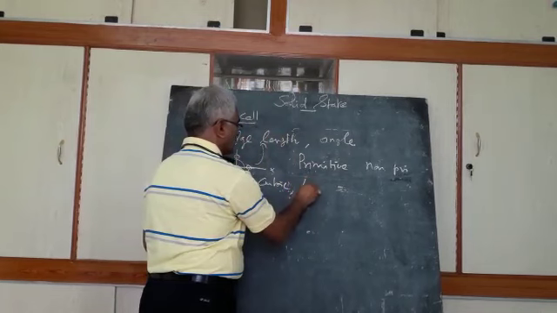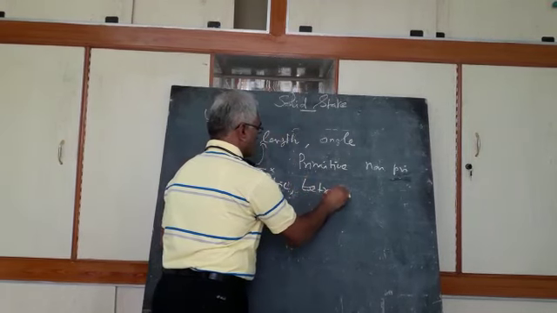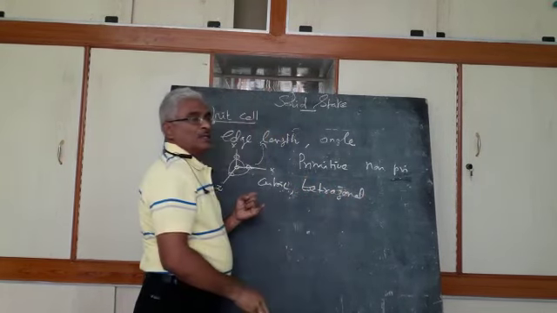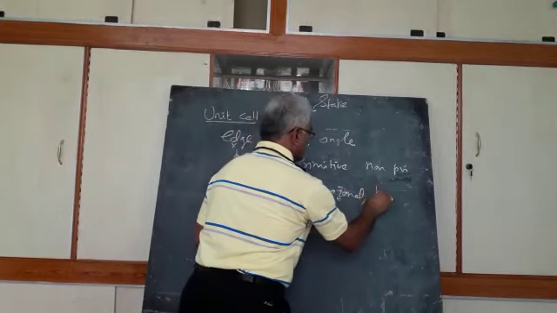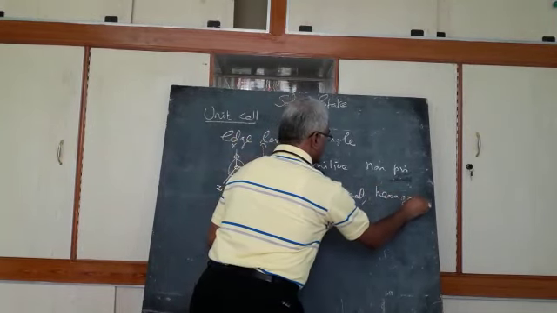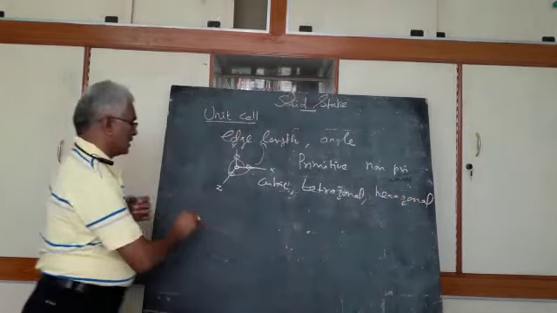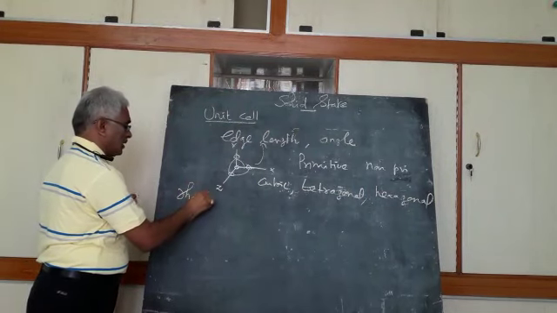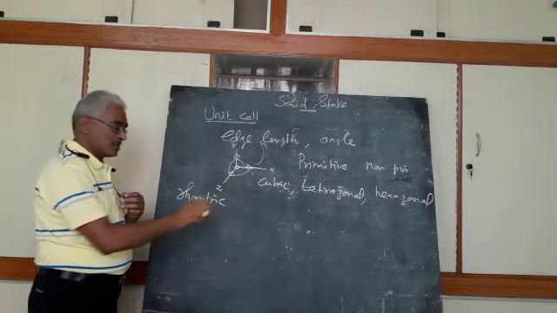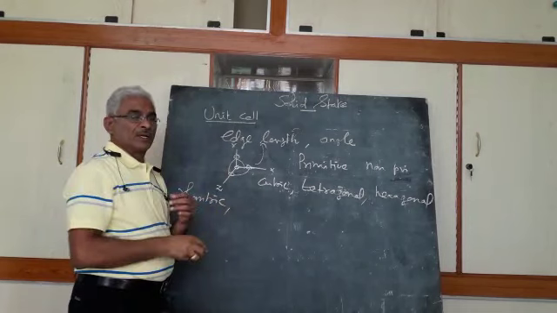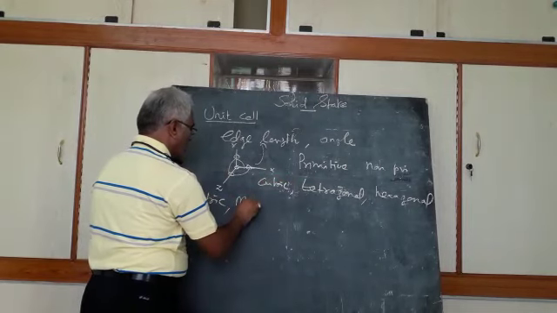Second is tetragonal unit cell. Third is hexagonal unit cell. Fourth is rhombic unit cell. Just try to know the names. Next is monoclinic.